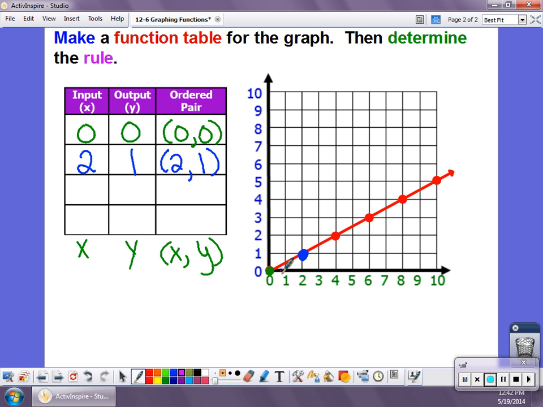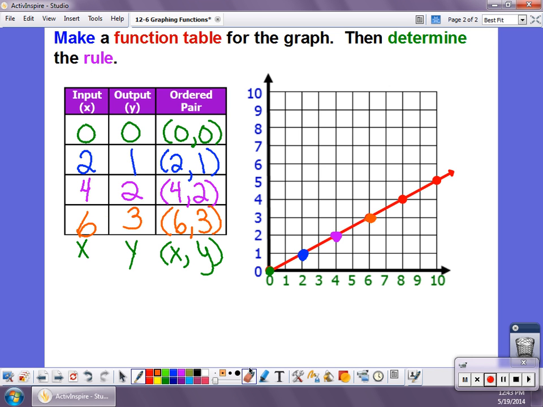Let's look at this point here. This is 4, 2, which means I have an input of 4 and an output of 2. And finally, last but not least, I've got this point here, which is over 6, up 3. So 6, 3 gives me an x value of 6 and a y value of 3.